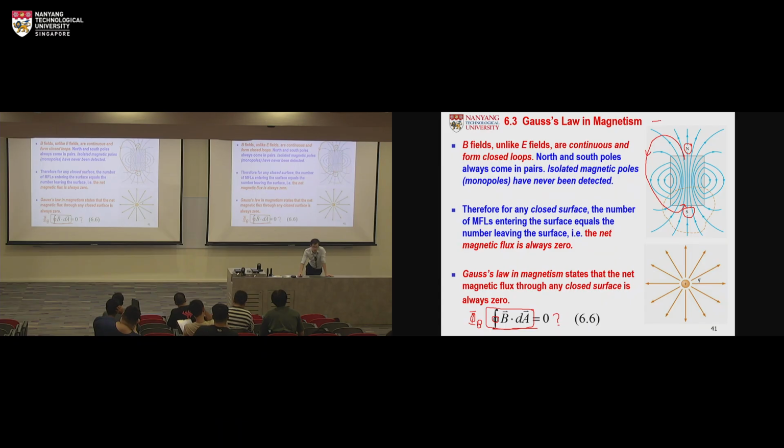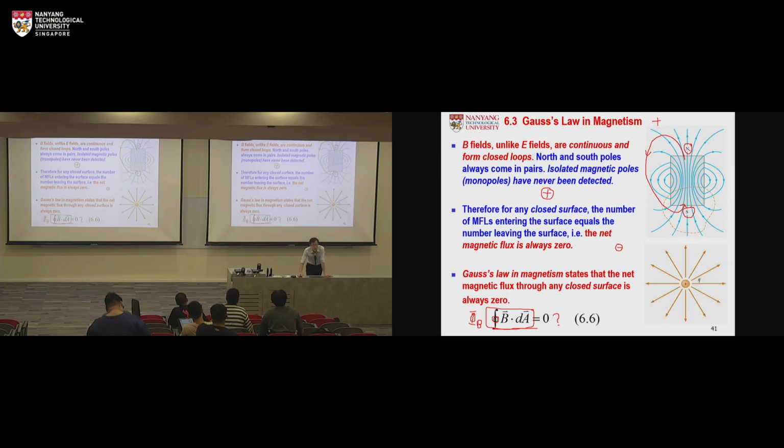Not like the electric field, you can have only one positive charge or only one negative charge. You can separate them. But for magnetism, the North Pole and South Pole always come in pair. You cannot just have this North Pole or just this South Pole. That is not possible.